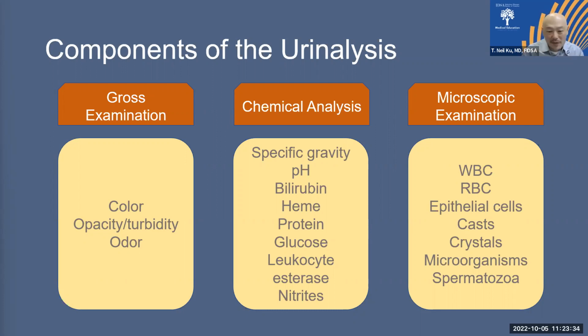For those who perform urine dipsticks, these are usually determined by a colorimetric process. It turns color, specific colors or shades, and you read it off a reference card to determine the values of each of those components.